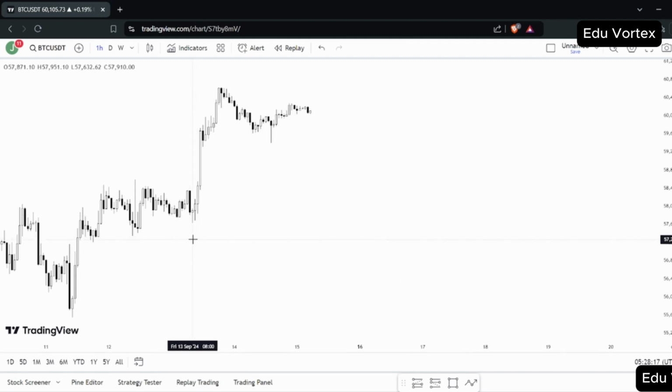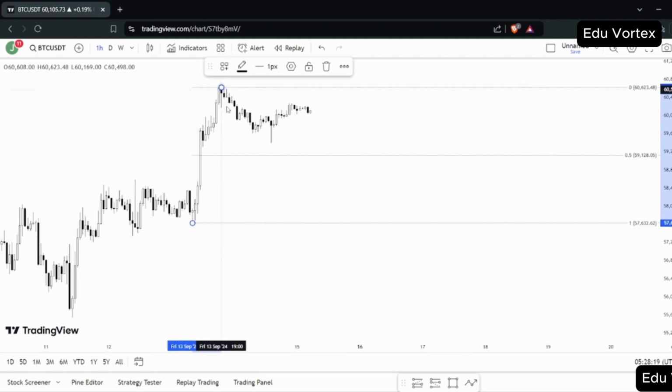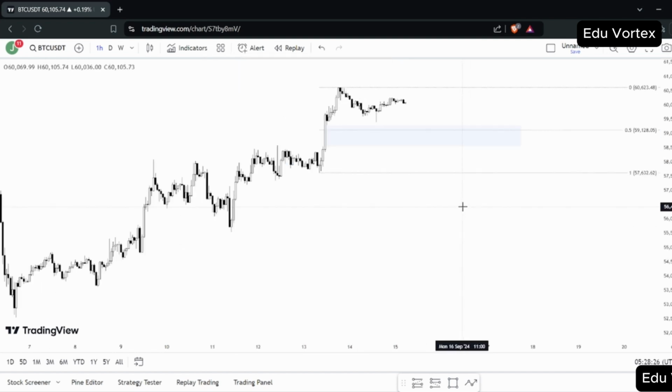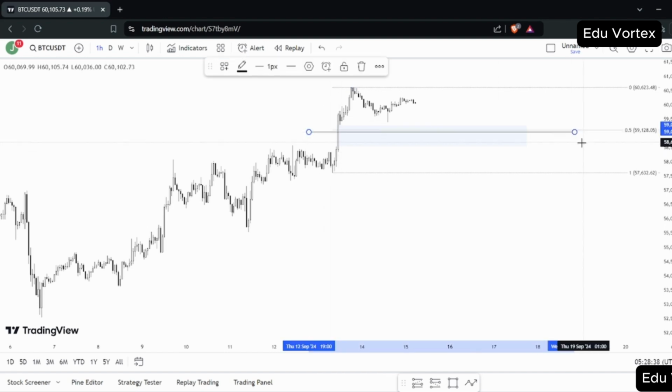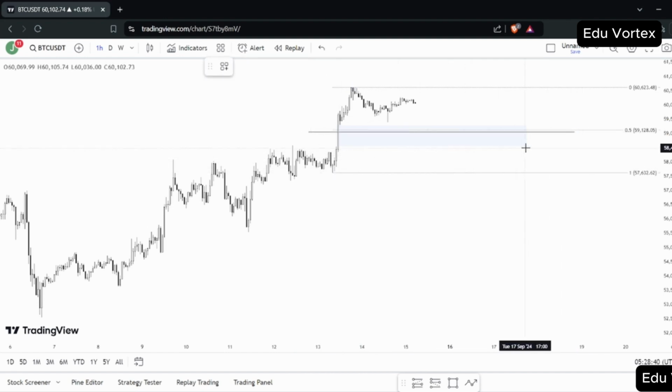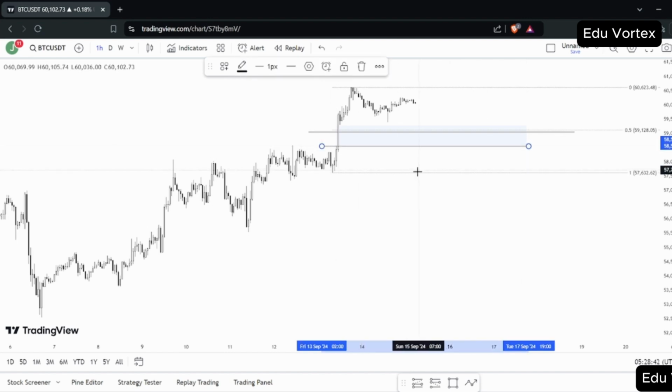For example, take another one. Right here. If and when we get over here, we would want to see this being respected because it's below 0.50%, especially this part of the fair value gap, all of this.